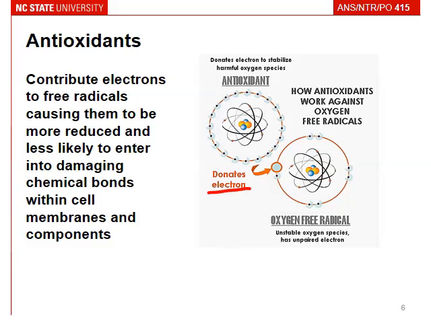And so this is going to stabilize the reactive oxygen species, because this has an unpaired electron that's unstable, and so our antioxidant is donating an electron that is able to stabilize that. So by contributing these electrons, it causes the free radicals to be more reduced and less likely to damage the cell.